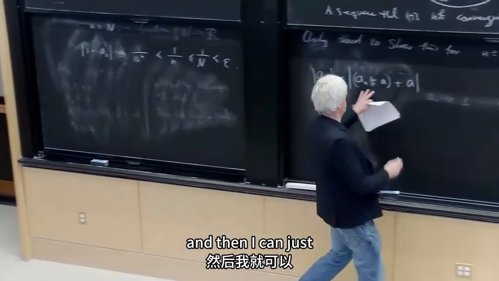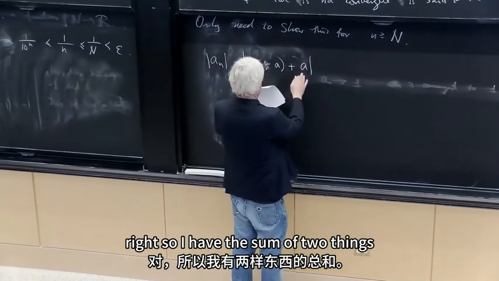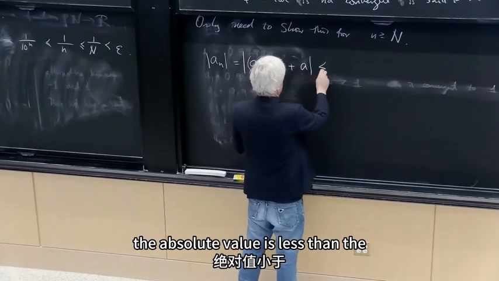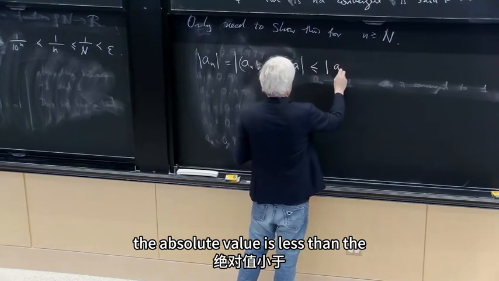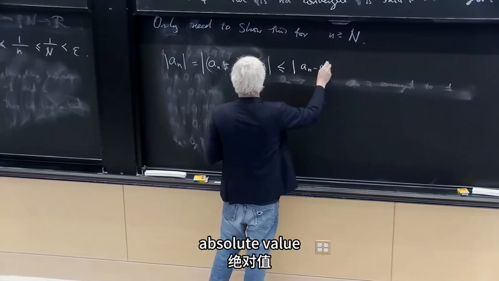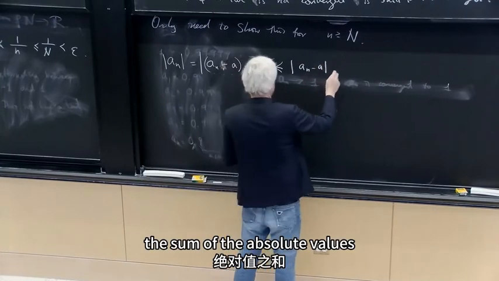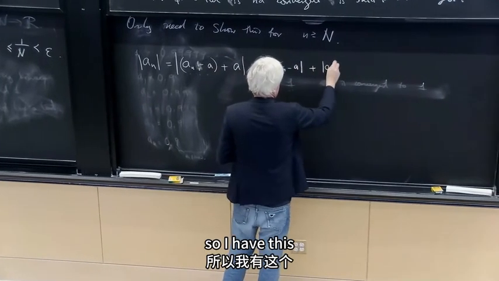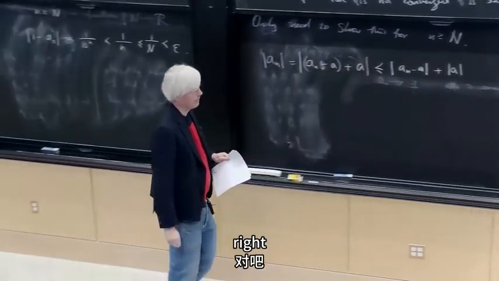And then I can just write, so I have the sum of two things. The absolute value is less than the sum of the absolute values. So I have this, right?